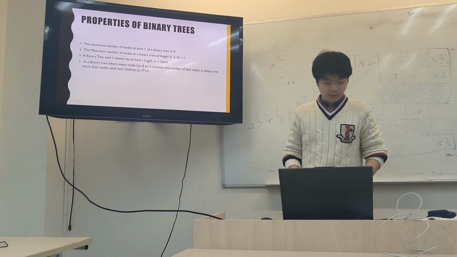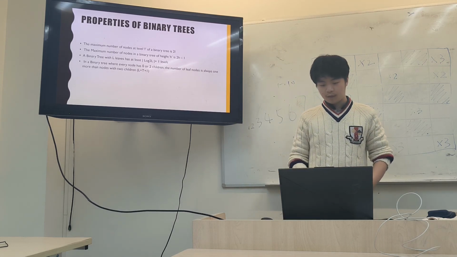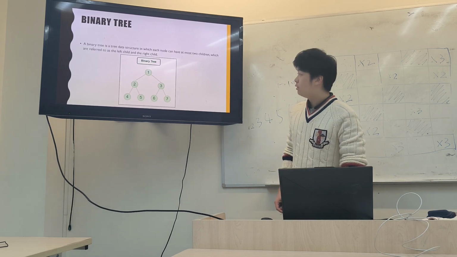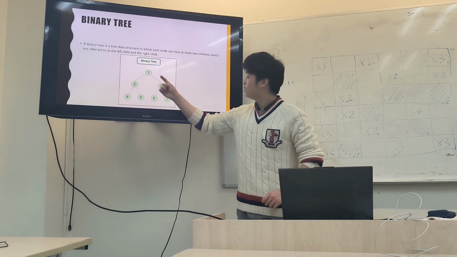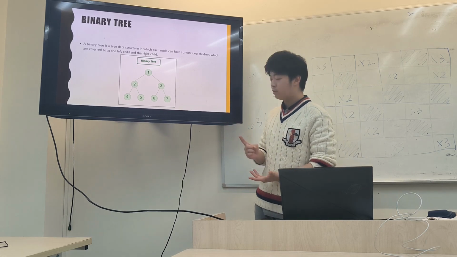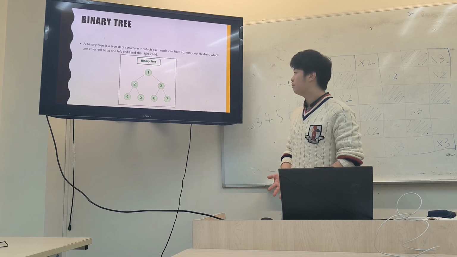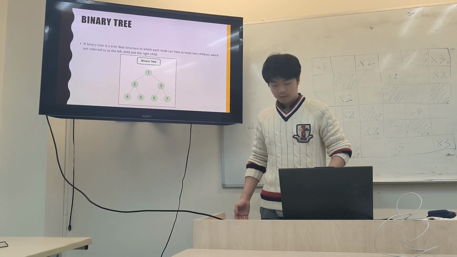Second, the maximum number of nodes in a binary tree of height h is 2^h minus 1. For example, node 1 has height 1, so its maximum node number is 2^1 minus 1.